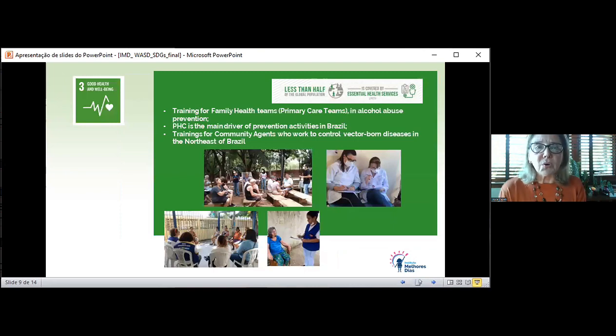The third goal is good health and well-being. Brazil has a very interesting public health program called the Health Family Program. For each 1,000 families, there's one doctor, one nurse, one dentist, and 100 community health agents that visit the houses and do the preventive health care.